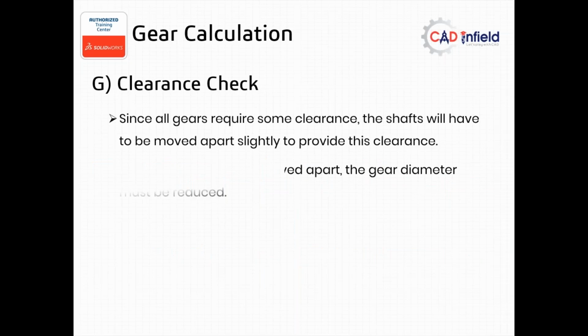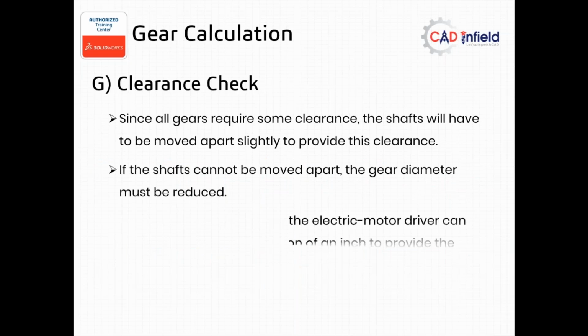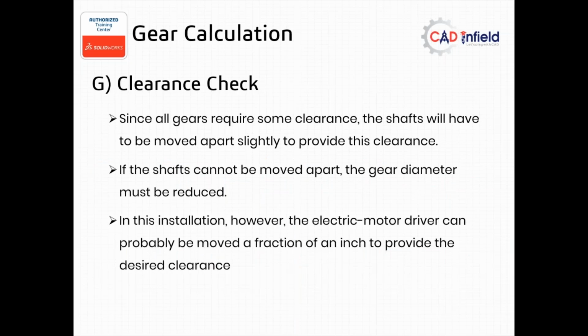For the clearance check, we will either move the driving part slightly or move the driven part during installation. This is just a fraction of an inch or a fraction of a mm, almost 0.1 inch.